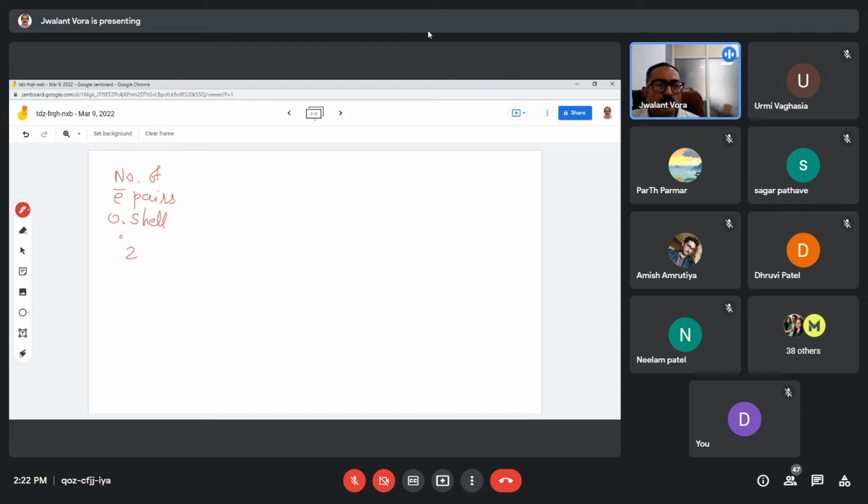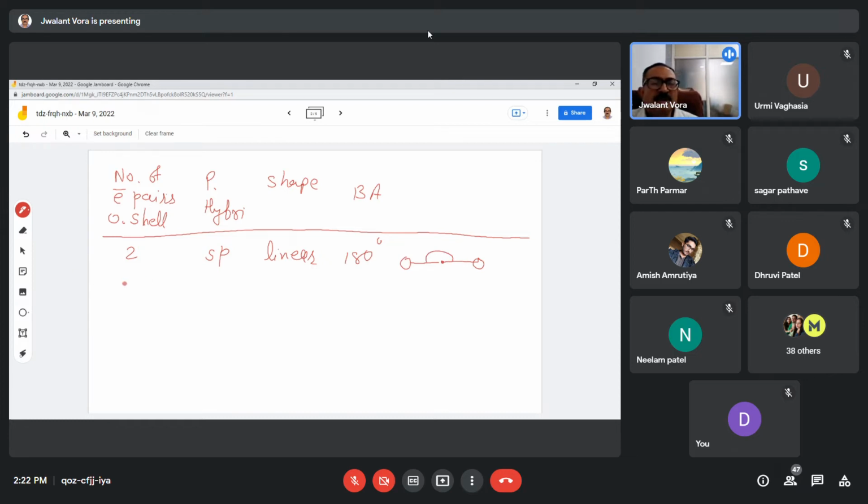If it is 2, then the probable hybridization will be sp hybridization, and the shape of the molecule will be linear with a bond angle of 180 degrees. So this will be the situation with 180 degrees.